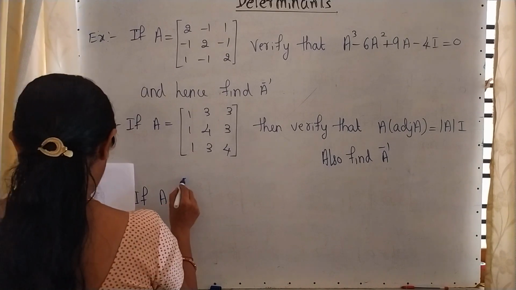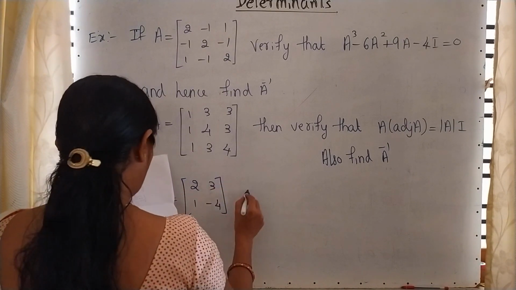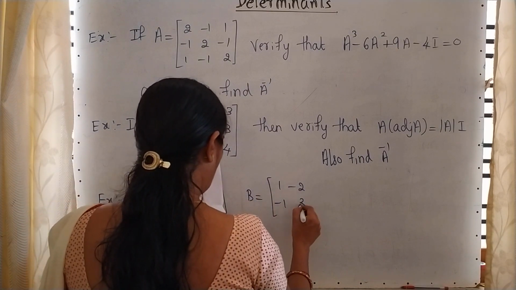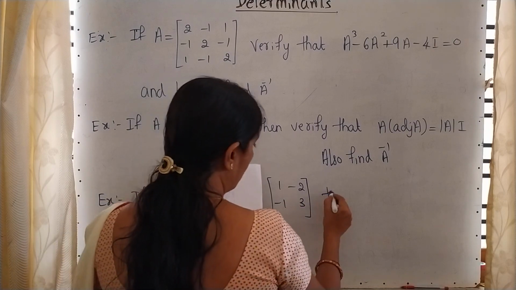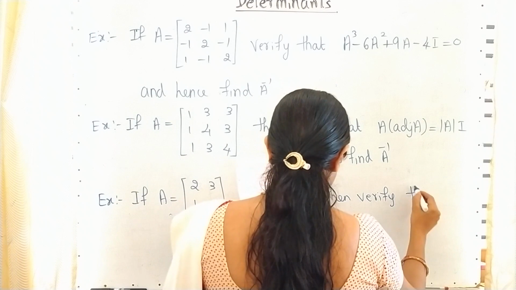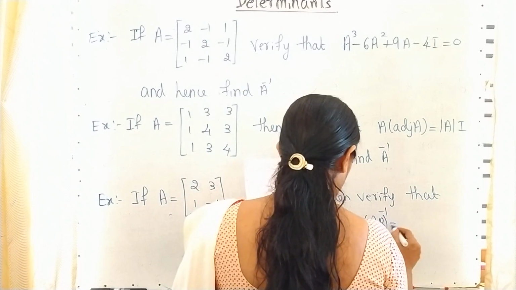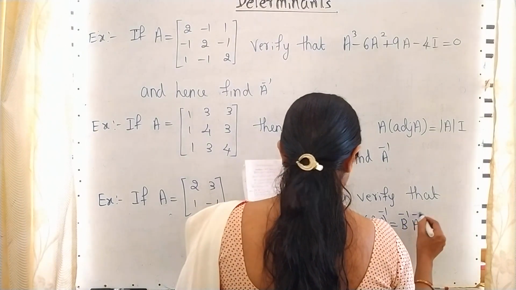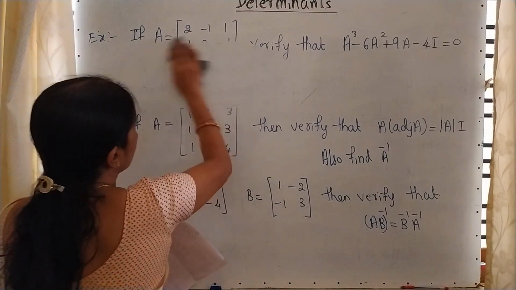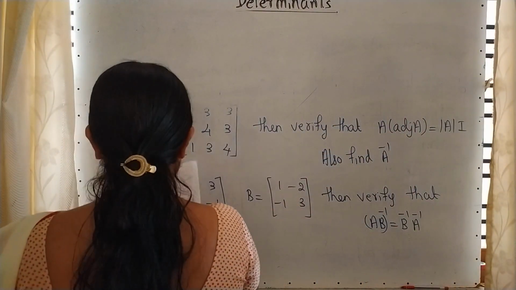If A is equal to [2, 3; 1, minus 4], B is equal to [1, minus 2; minus 1, 3], then verify that AB whole inverse is equal to B inverse into A inverse. Don't worry, I will explain each and every question in the next class. Next question.